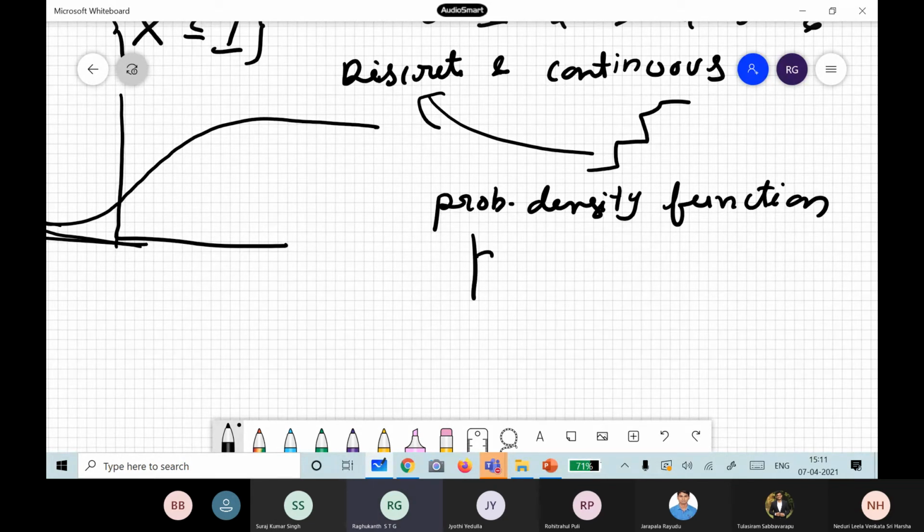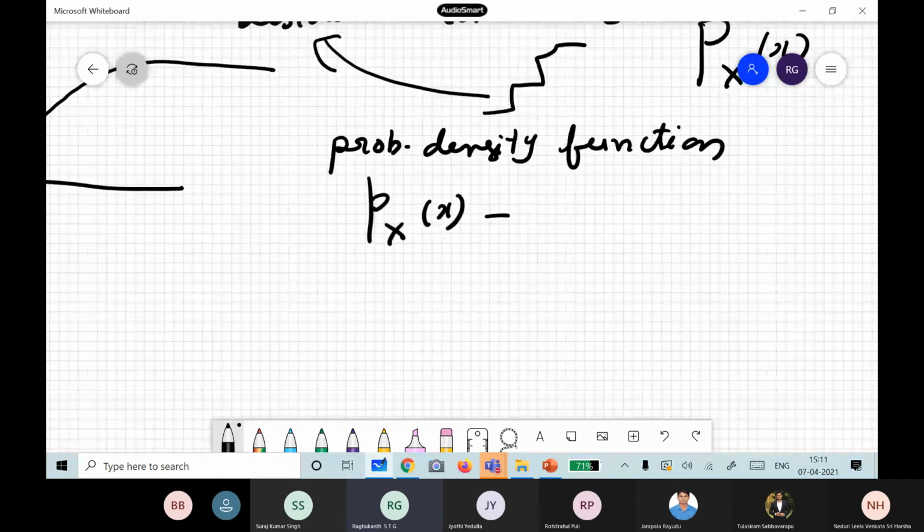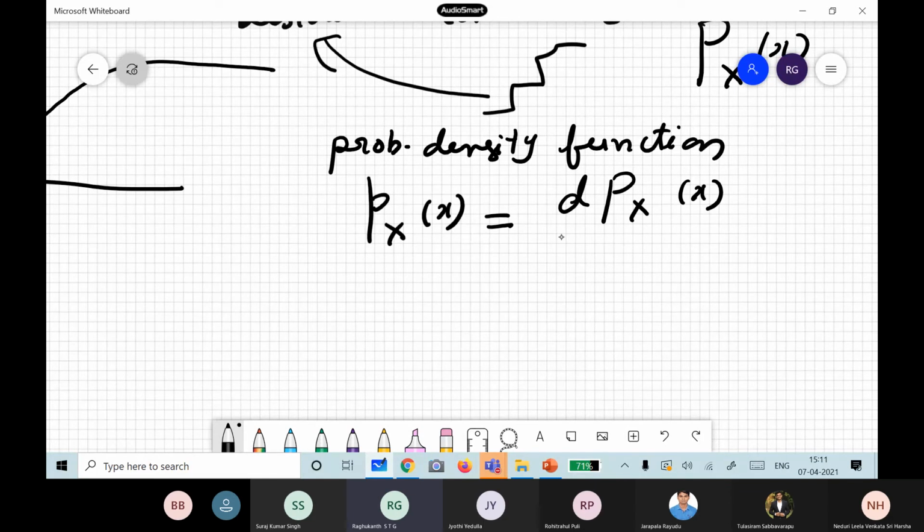Density is indicated with small p. Distribution function is indicated with capital P. You followed. This is nothing but the derivative of the distribution function actually. So this we call the density function.